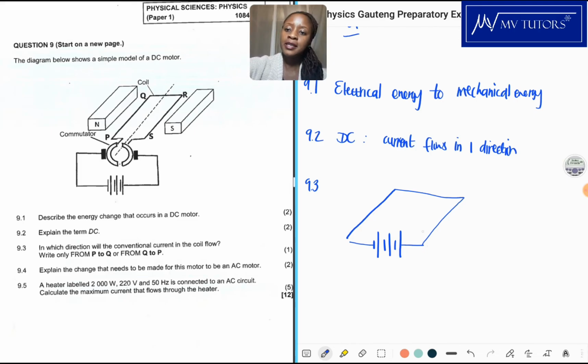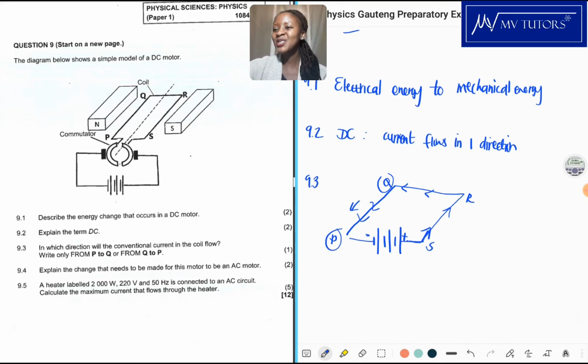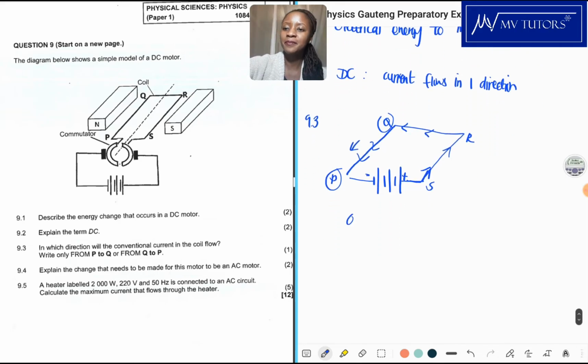In this case, you have SRQP. Your current from your battery source flows from the positive to the negative, so it will go in that direction. Ultimately it goes from Q to P. So we will go Q to P.